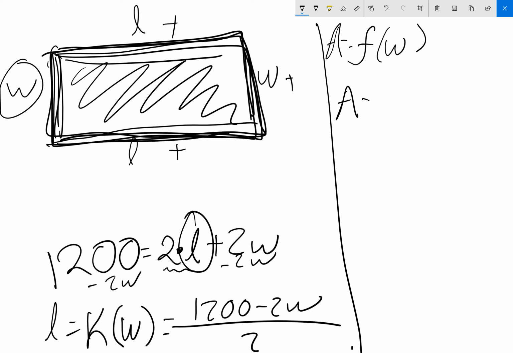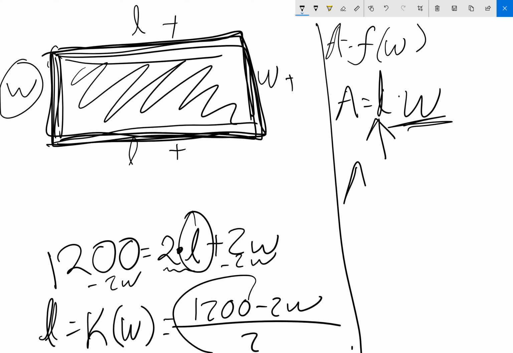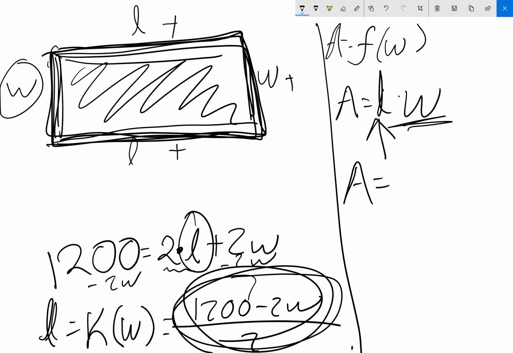So now the area is length times width, right? But we want to get rid of this L and we just want to use W. Luckily, we found L in terms of W, so we can replace L with something that's equal to it. We know that this equals L, so there's no reason why we can't just replace it with that.